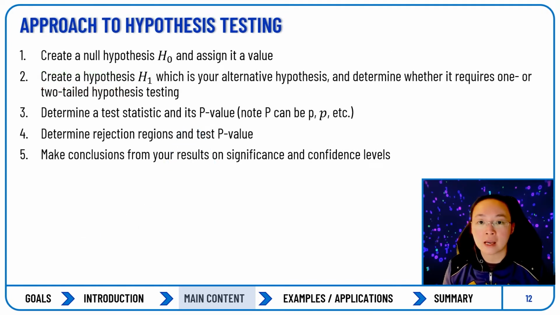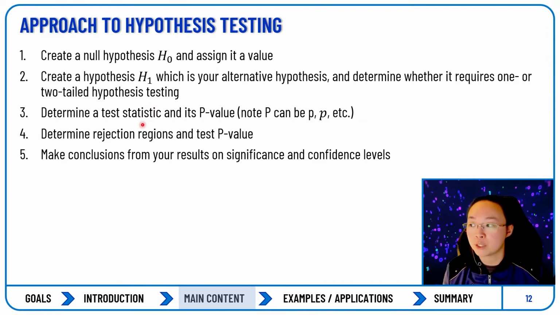So now we want to see how we can approach hypothesis testing. The first thing is create a null hypothesis H0 and assign it a value. Then create a hypothesis H1, which is your alternative hypothesis, and determine whether it requires a one or two-tailed test of hypothesis. Then you're going to determine a test statistic and its p-value.